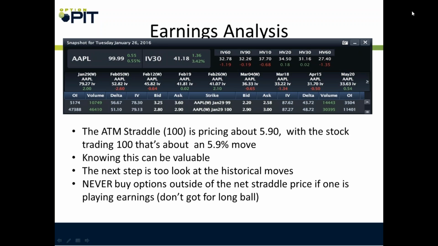So if Apple's looking for a $6 move, I will buy the 95 put or the 105 call, and calls inside of that and puts inside of that. So a $10 range, but never outside of that if I'm setting up a trade.